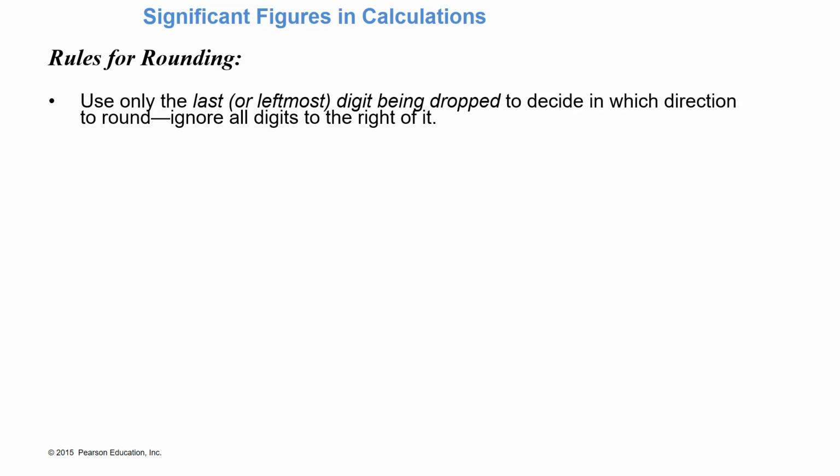All right. So what we just did, again, I'll write the number that we had, or close to it. Had a number something like that. So the book says use only the last or leftmost digit being dropped to decide in which direction to round.